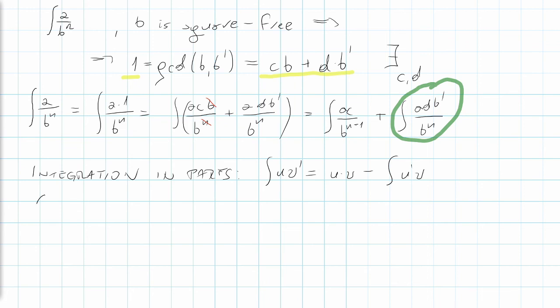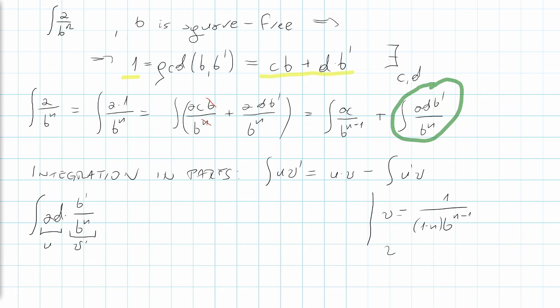So in our case, we have a d times b prime over b^n. So this will be our u, and this is our v prime. Observe what the antiderivative of v prime is. So our v is 1 over b to the power n minus 1 times 1 minus n.